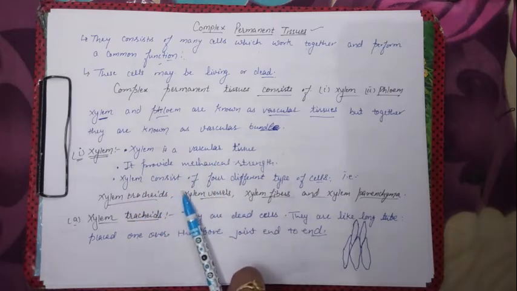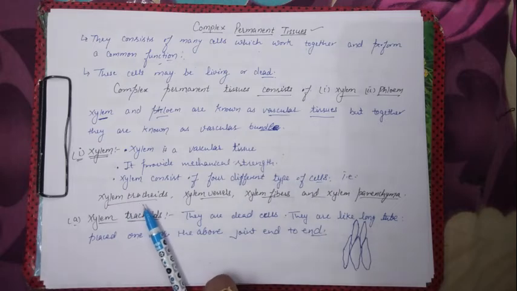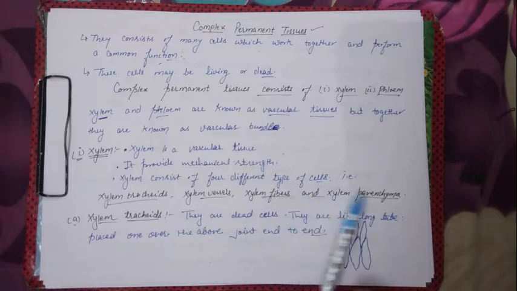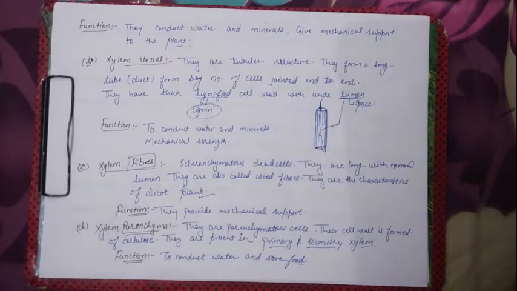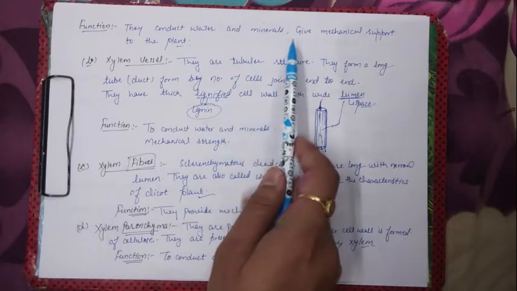Xylem consists of four different types of cells: xylem tracheids, xylem vessels, xylem fibers, and xylem parenchyma.